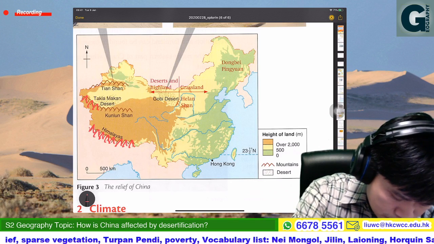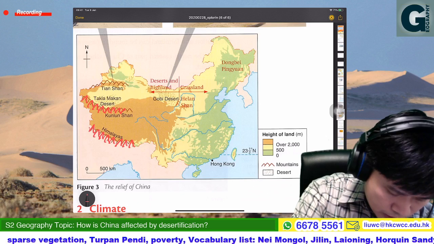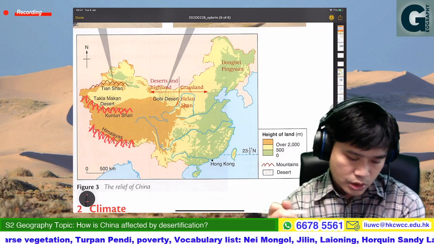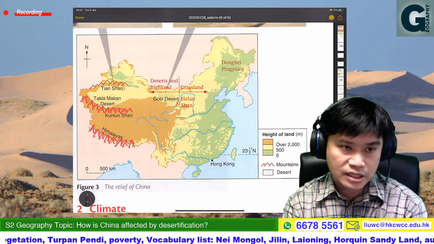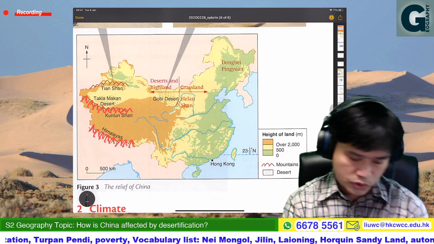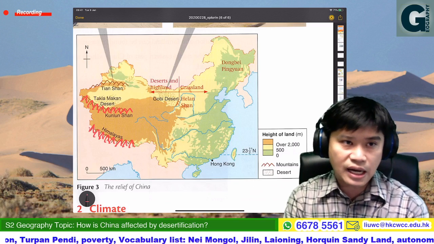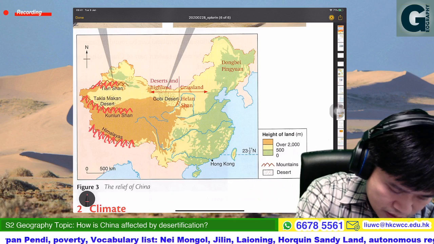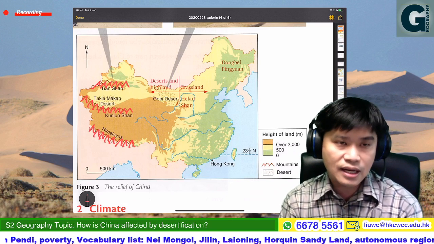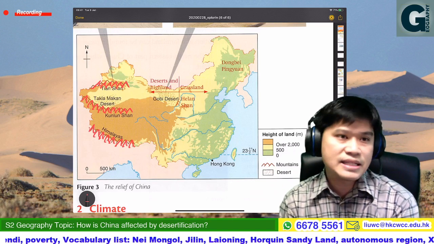At the boundary or in the north of Xinjiang is Kunlunshan, which we already studied in the first term. And in Xinjiang, relatively north, a very famous mountain range there is Tianshan.